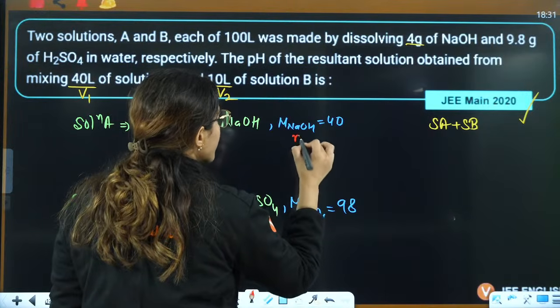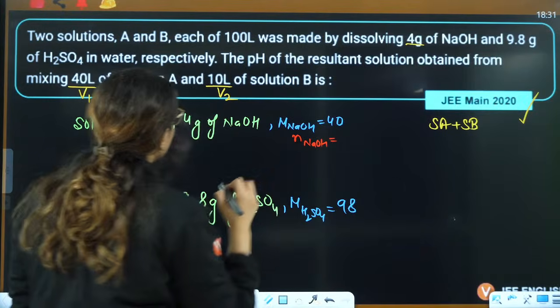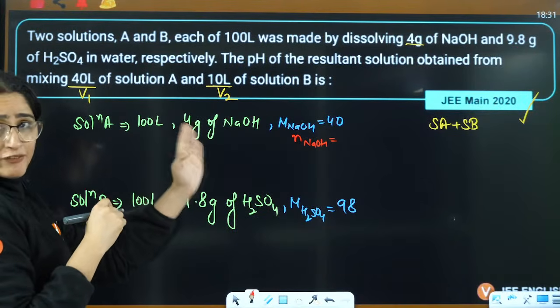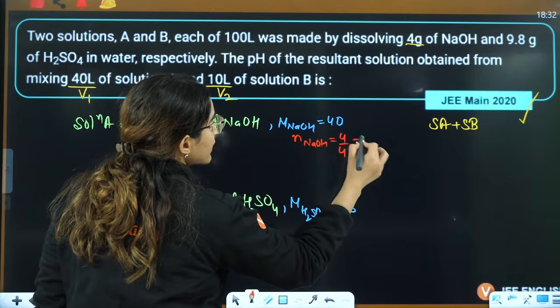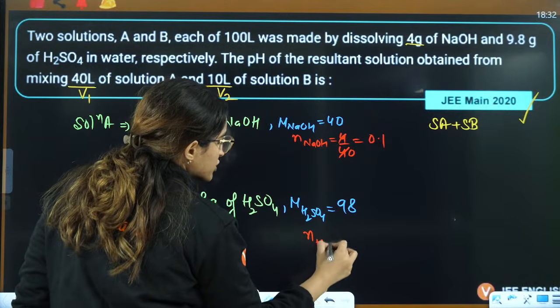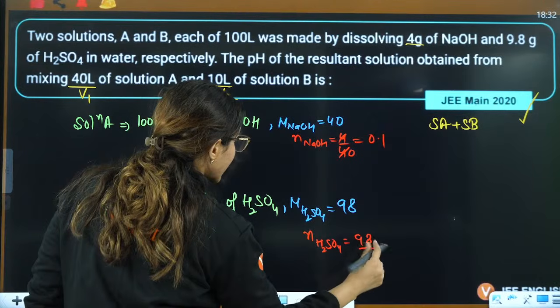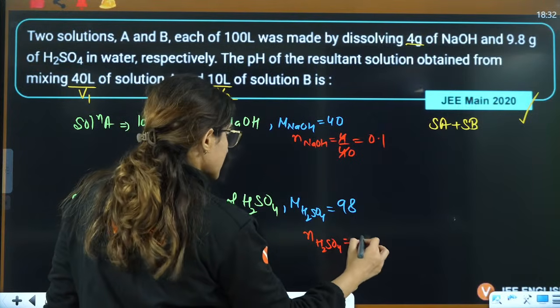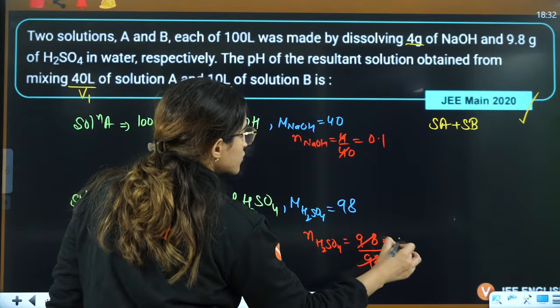Calculate the number of moles. The number of moles of NaOH is given mass by molar mass, 4 by 40, that is 0.1. The number of moles of H2SO4 is 9.8 by 98, which is also 0.1.